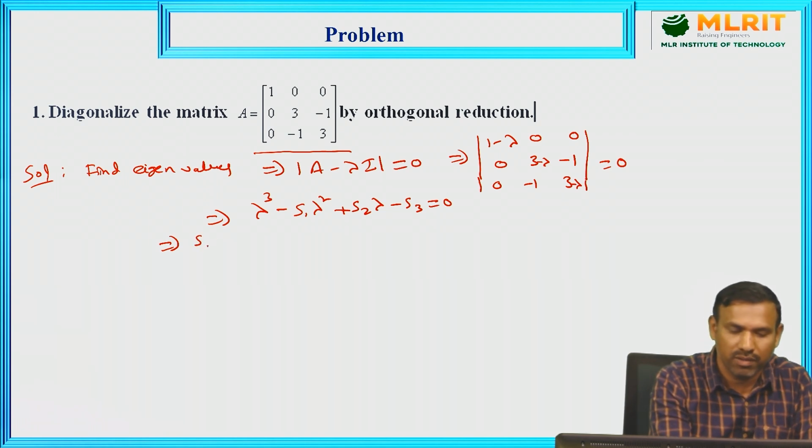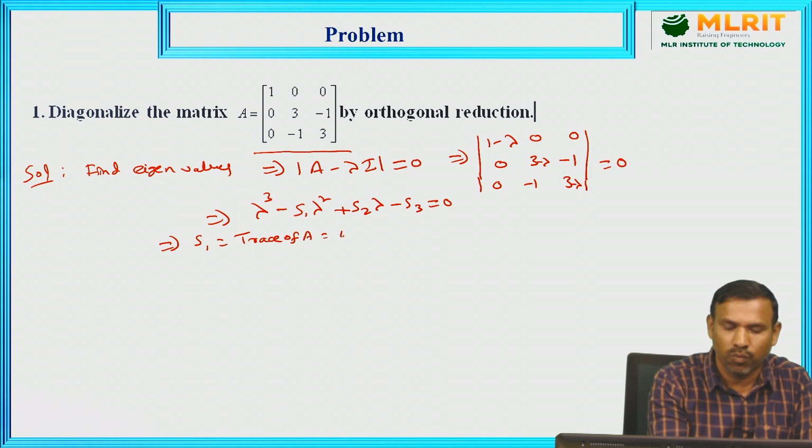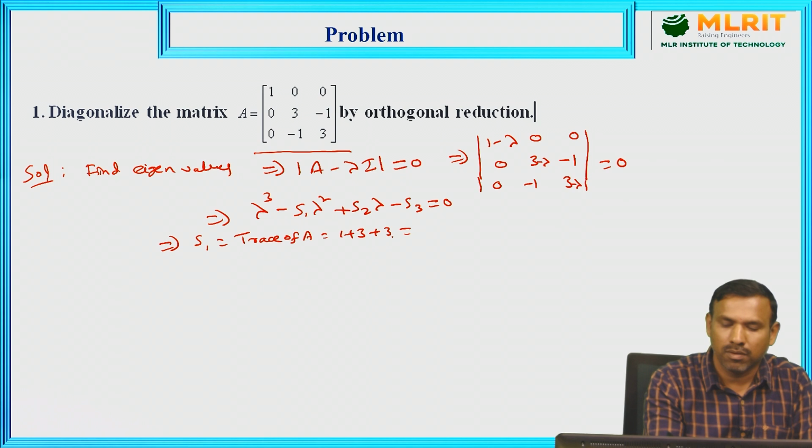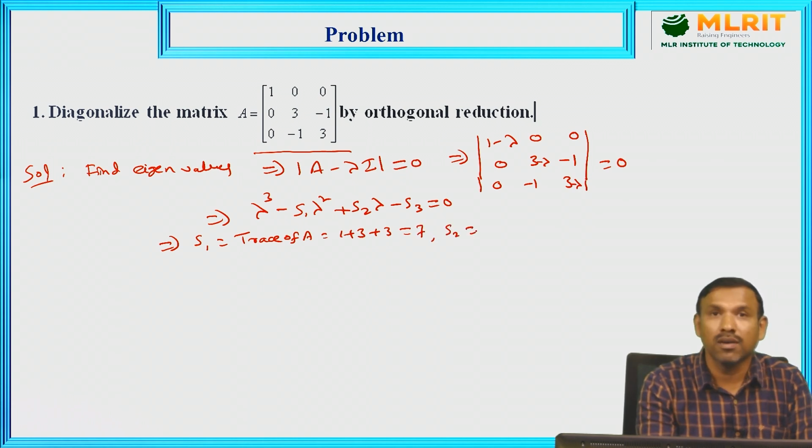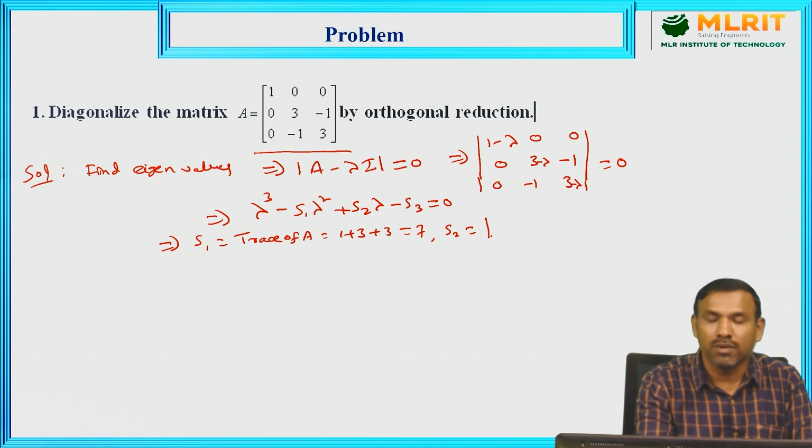Now S1 is equal to trace of A. How much is that? 1 plus 3 plus 3, so 7. S2 is the sum of the determinants of the cofactors of the diagonal elements.